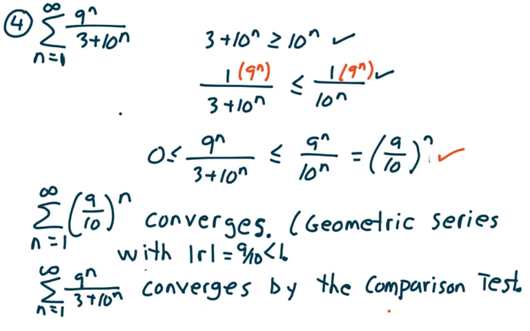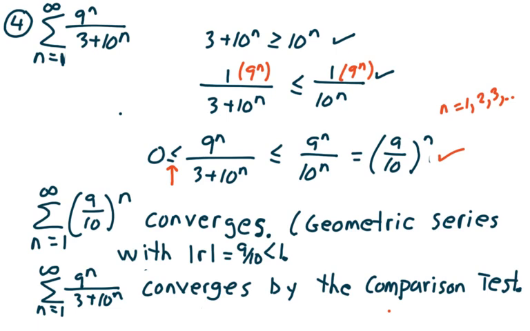And remember, 9 to the n over 3 plus 10 to the n has to be greater than or equal to 0. And this is true for n equal to 1, 2, 3, and so forth. So the summation from n equal 1 to infinity of (9/10) to the n converges.